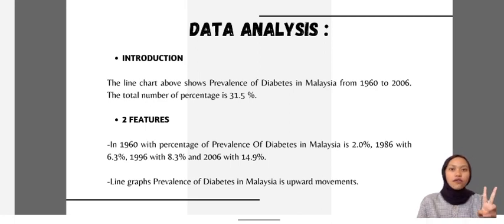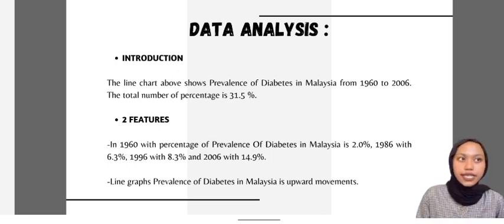Two features of the line graph: in 1960 the prevalence of diabetes in Malaysia was 2.0%, in 1986 it was 6.3%, in 1996 it was 8.3%, and in 2006 it was 40.9%. The line graph shows an upward movement.